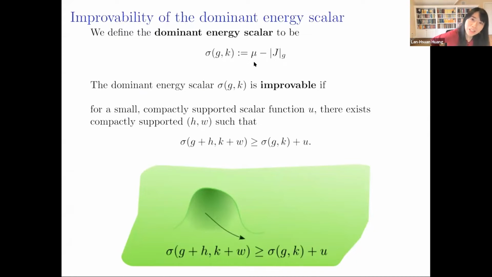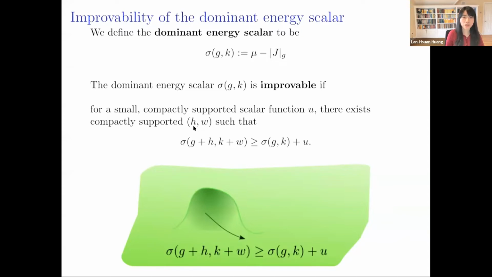And so earlier I said in many cases we want to somehow make the dominant energy condition strict. So it can also be formulated in terms of improvability. We say the dominant energy scalar, this scalar function, is improvable in the following sense. If you have some amount of U, you want to bump up your dominant energy scalar. It's more interesting when U is compactly supported, and then you want to find the deformation of the matrix H and W to be also compactly supported.